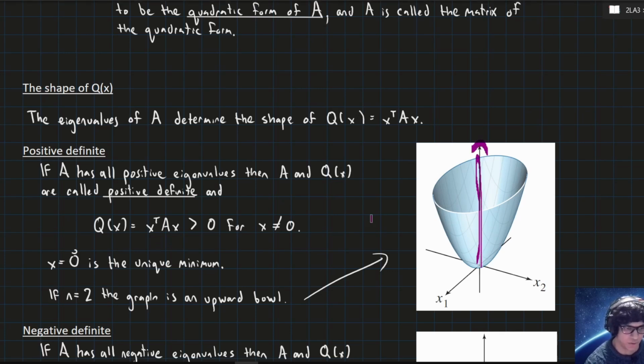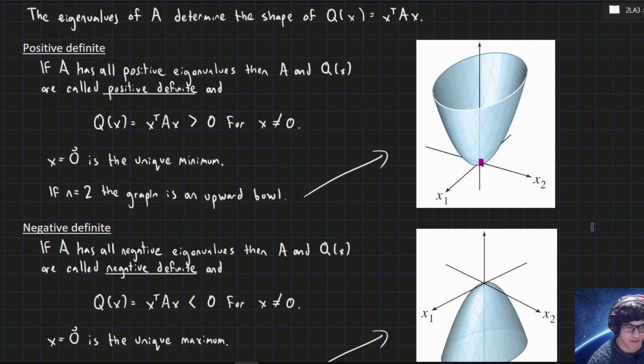So when it's positive definite, that means for all the x's, it's going to be above the positive axis for z. It looks like an upward bowl like this, and we get one unique minimum right at the origin.